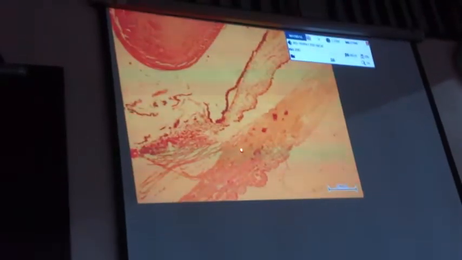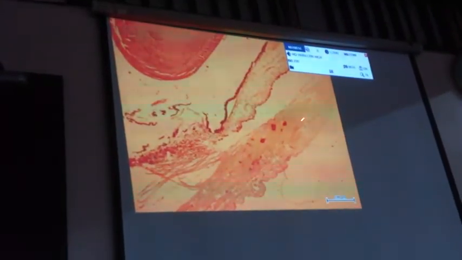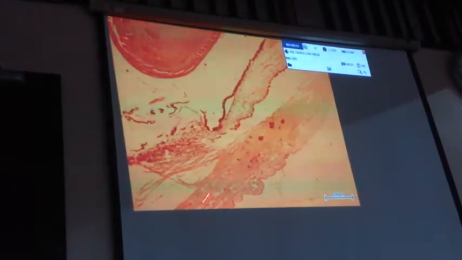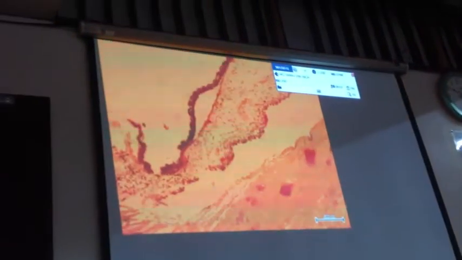What are your landmarks for identifying the limbus? The limbus is associated with the ciliary process. That's the ciliary body, and that's the insertion of the iris. So that should also be the location of the limbus between the cornea and the sclera. Now there is a structure that you need to identify in the limbus.